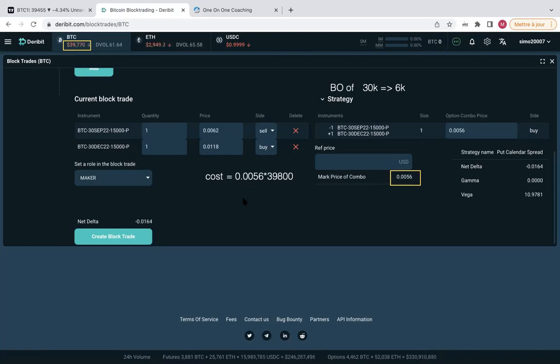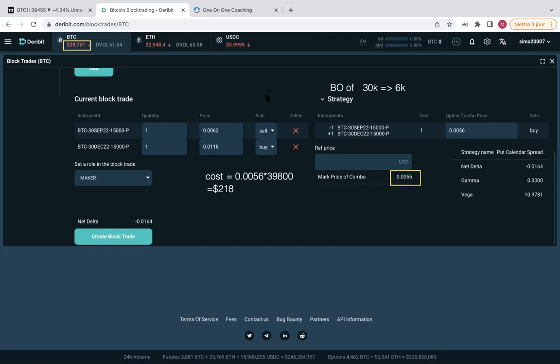See, it moves. So here it's exactly $218. Yes, this will cost us only $218 instead of investing thousands.